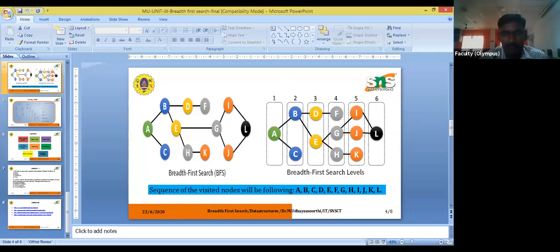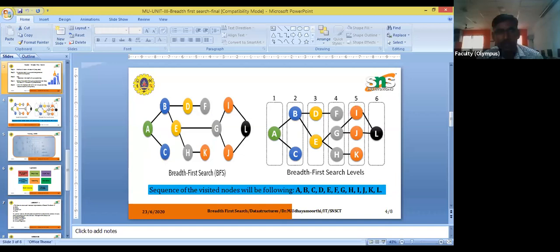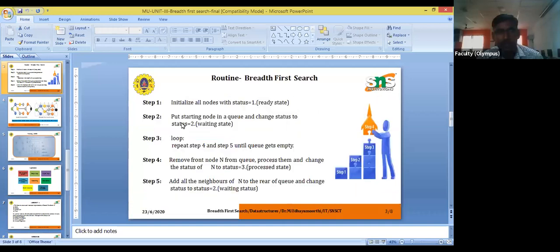See here, it is the routine for the concept of breadth first search. So initialize all the nodes with the status 1.